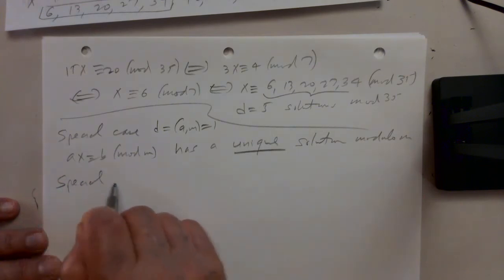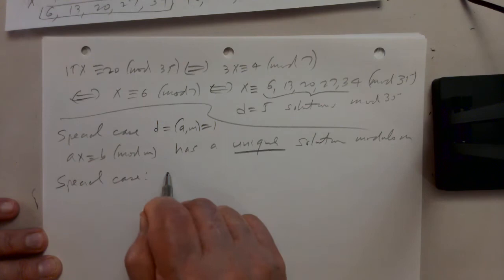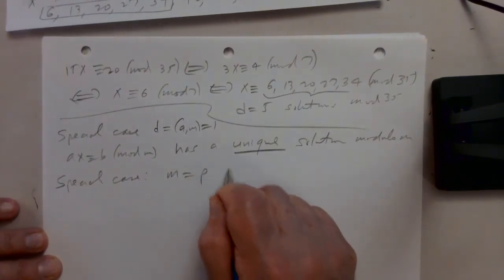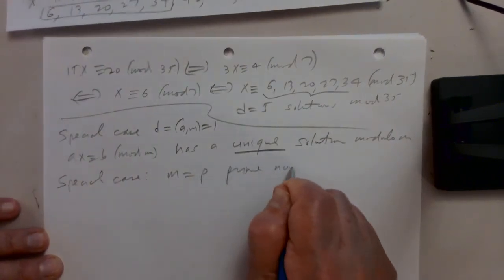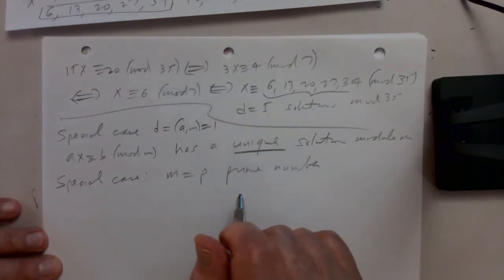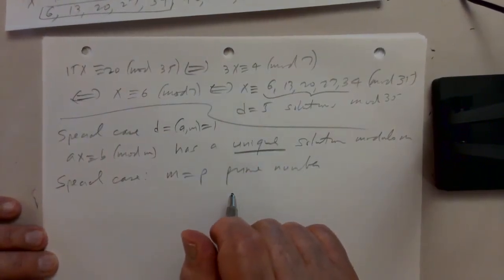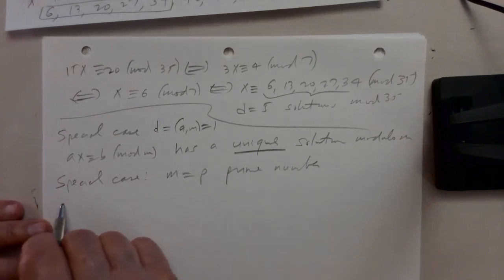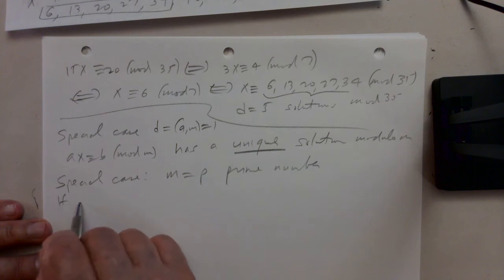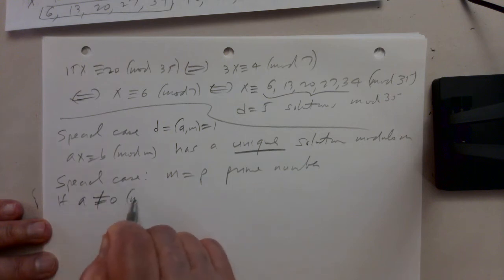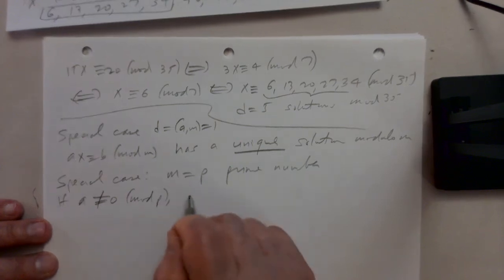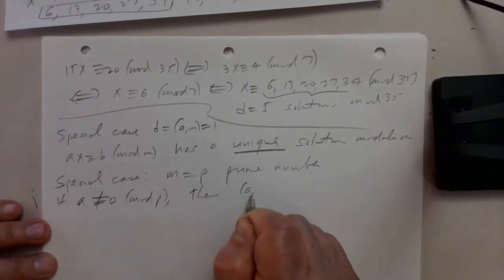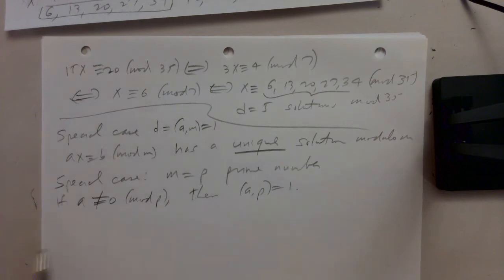And a more special case is when M equals P, a prime number. So if you take any prime number P as your modulus, then if A is an integer which is not congruent to 0 mod P, then A and P are relatively prime.